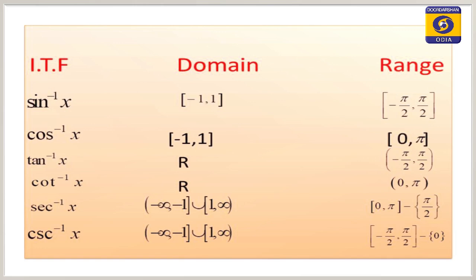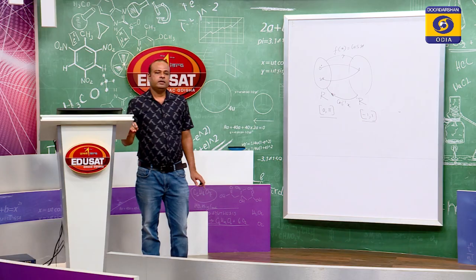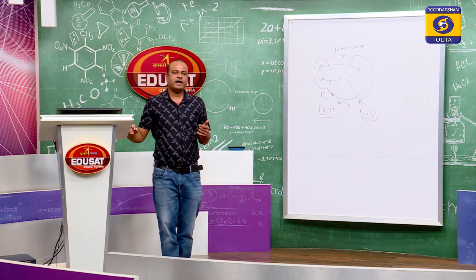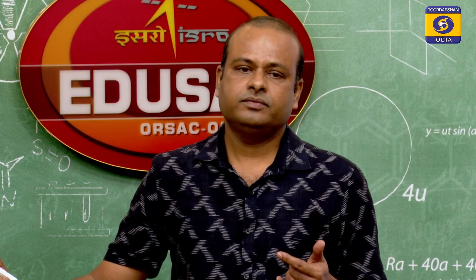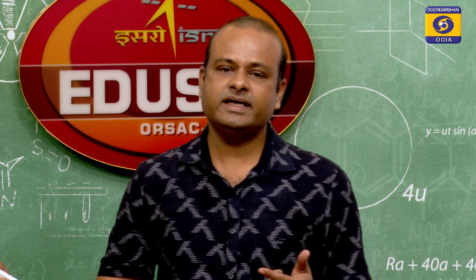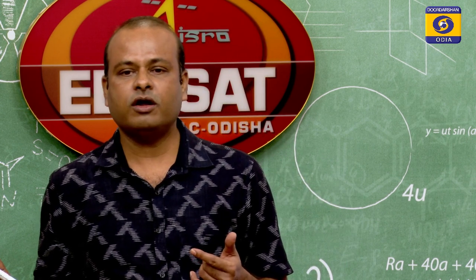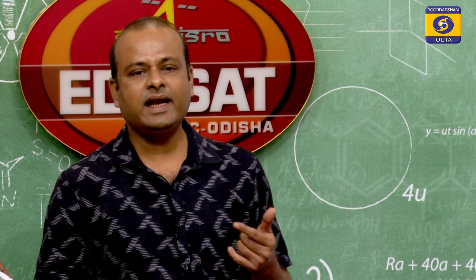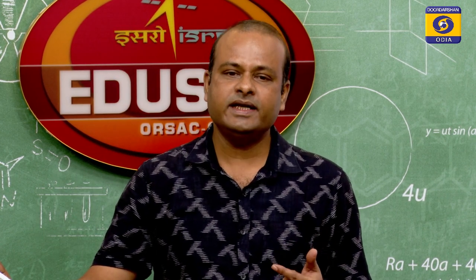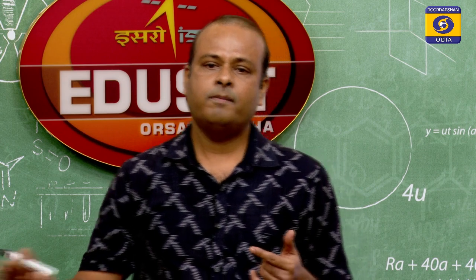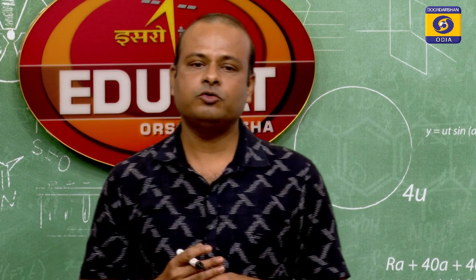Similarly, for tan inverse x the domain is R and the range is the open interval of minus pi by 2 to pi by 2. Like sin inverse and cos inverse, you have to understand that tan x is bijective from the open interval of minus pi by 2 to pi by 2 to R. So, tan inverse exists and its domain is R and range is the open interval of minus pi by 2 to pi by 2.